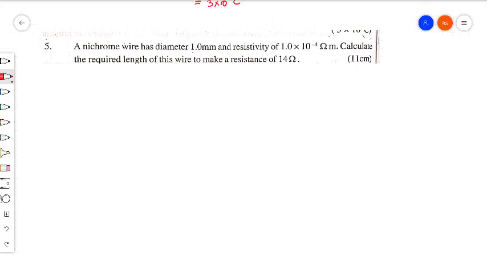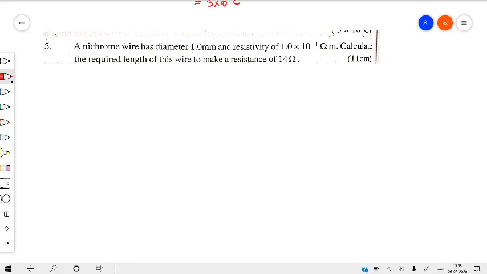So question number 5. A nichrome wire has diameter 1 millimeter and resistivity of 1.0 into 10 to the power minus 4 ohm meter. Calculate the required length of this wire to make a resistance of 14 ohms.